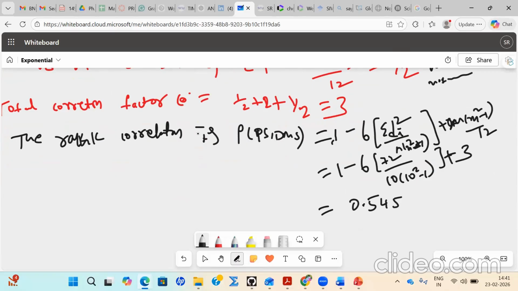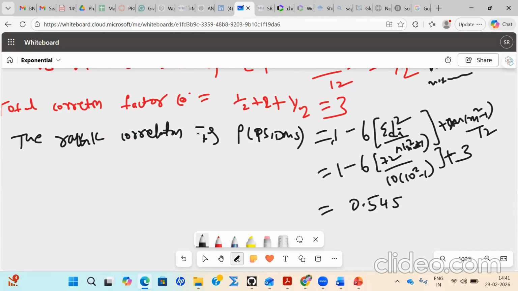So this is how one has to calculate the rank correlation. Is that clear? We have discussed rank correlation. Sometimes we may observe the marks or ranks are repeated. Whenever they are repeated, we take the average of those ranks, and calculate the correction factors separately, then add them at the end.